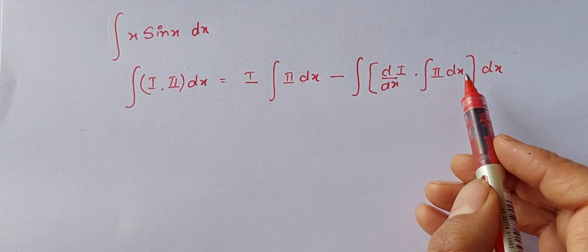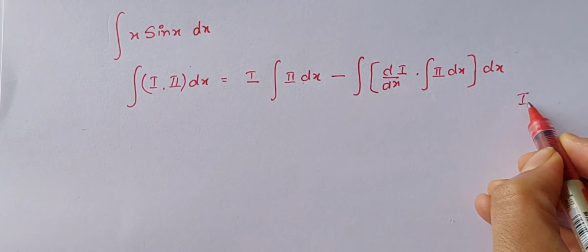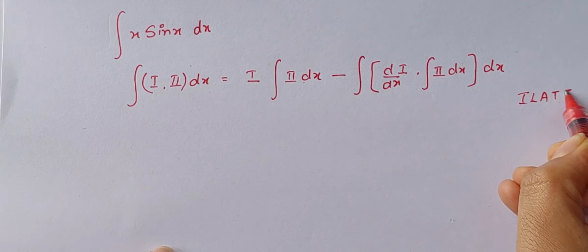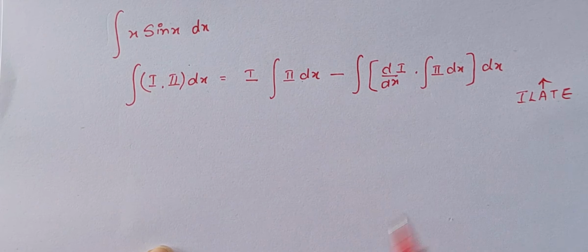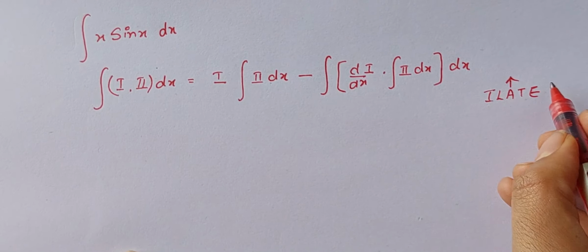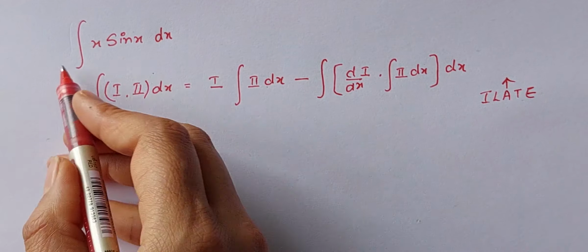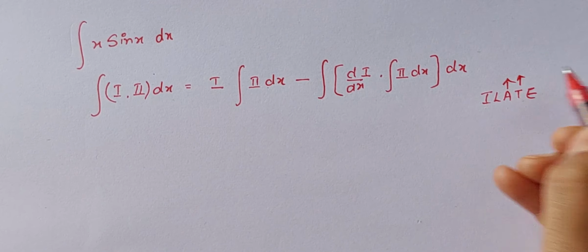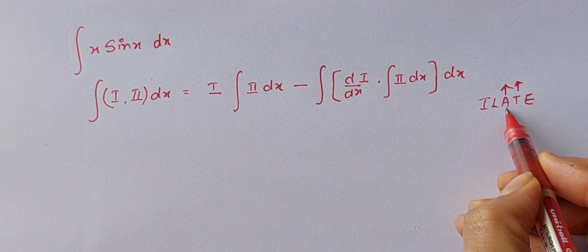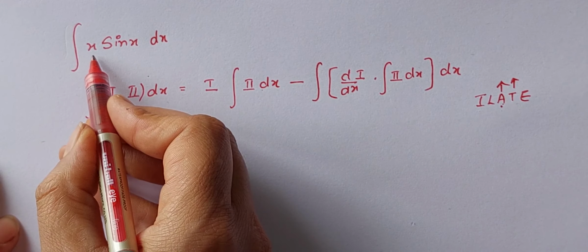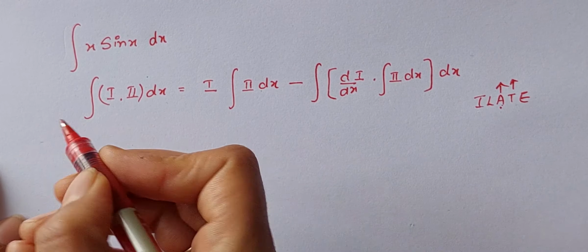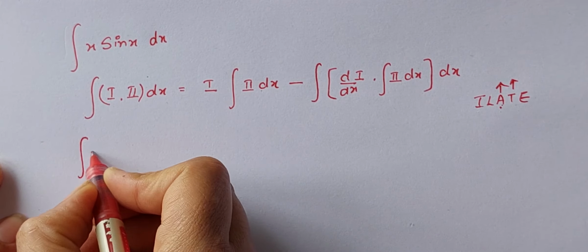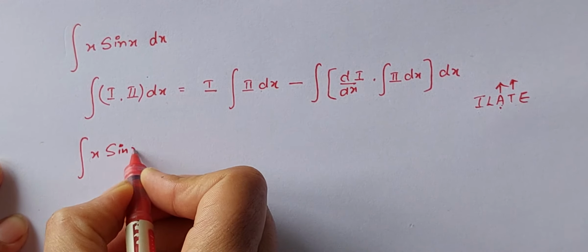So here, as per the ILATE rule, we have x, which is our algebraic function, and we have sine x, which is your trigonometric function. So what should be our first function? Algebraic function, meaning x should be our first function.